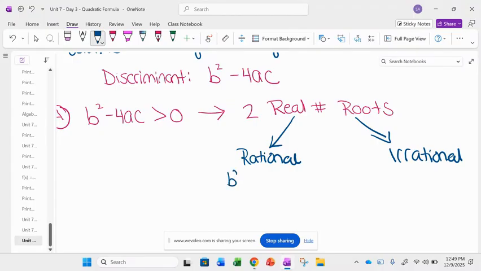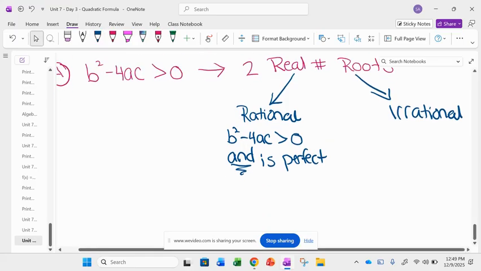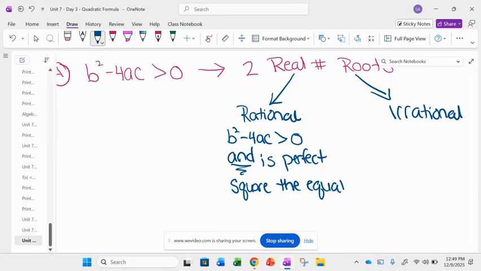So if B squared minus 4AC is greater than 0 and is a perfect square, the equation will have 2 rational roots.